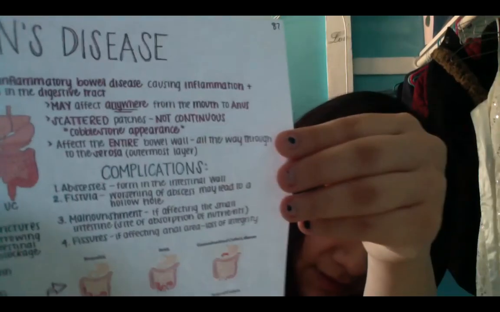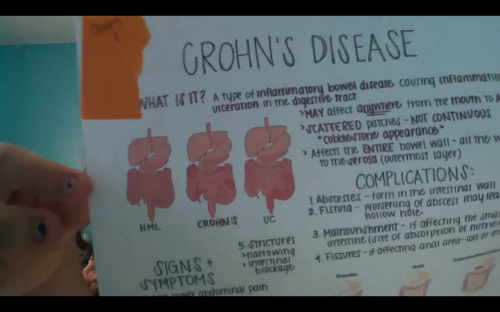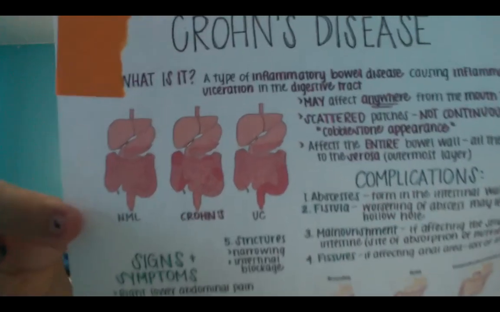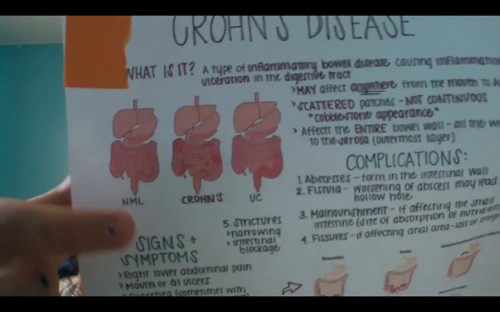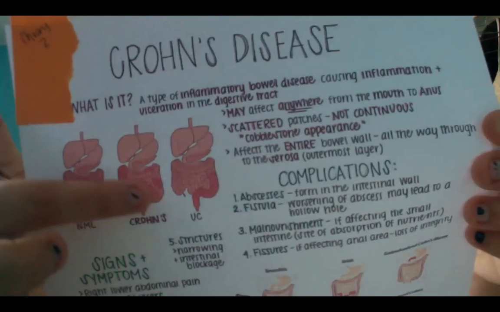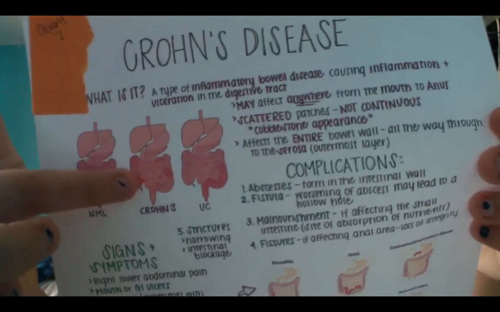What you have to get out of this is that Crohn's disease happens anywhere. Let me show you this picture. You can see it. But this is your normal body, how it looks. But Crohn's disease can happen anywhere in your intestine, small intestine, large intestine, anywhere.